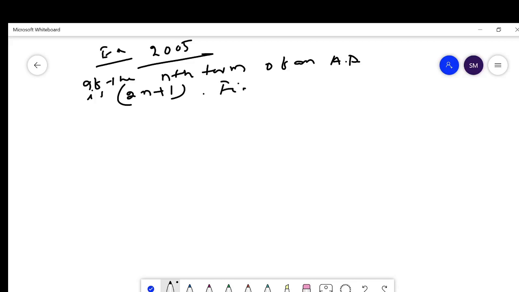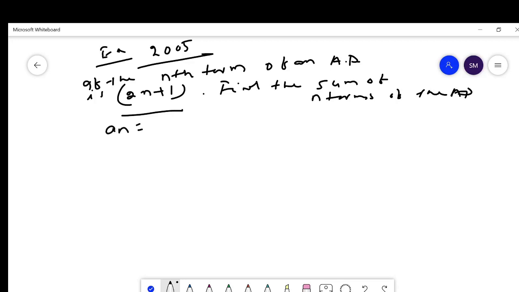Here the nth term is given as 2n plus 1. What is the nth term? an is equal to 2n plus 1.